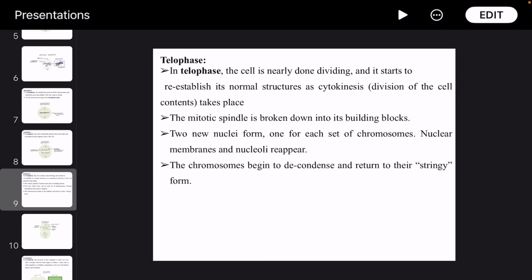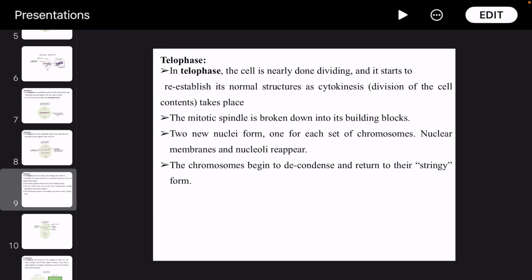Telophase. In the telophase, the cell is nearly done dividing and it starts to re-establish its normal structure. The cytokinesis, division of the cell contents, takes place. The mitotic spindle is broken down into its building blocks. Two new nuclei form, one for each set of chromosomes.